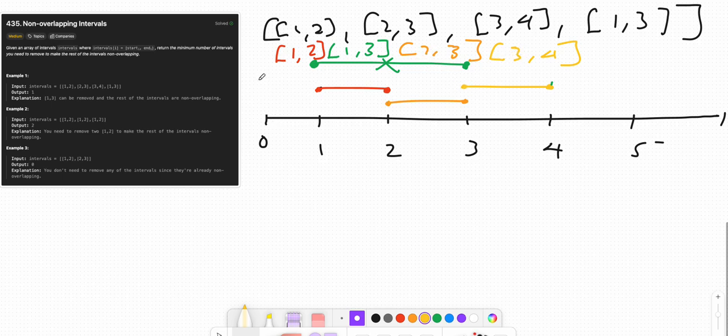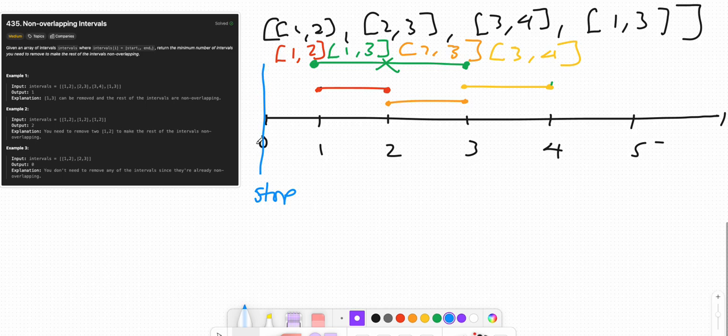But how do we even know this, right? So let's say the start here is a stop. Call it stop. Because the end here is greater or equal to the stop, we know that there is non-overlapping. But when we come here, which is the second one, the end must be less than, right?